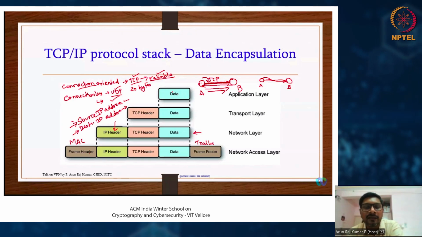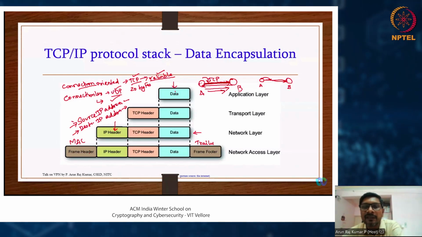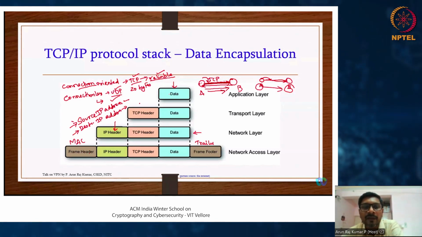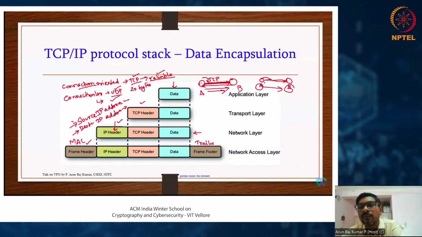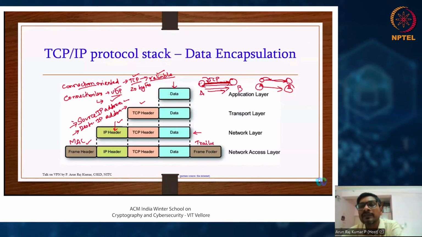When you have data in your system, your laptop or your device, it is not the data alone being sent from source to destination. Along with the data, there is some additional information attached, which will help the packet travel from one point to another and reach the destination.